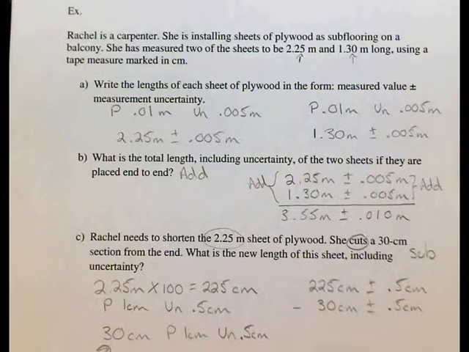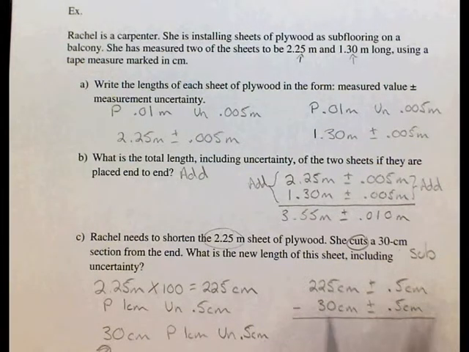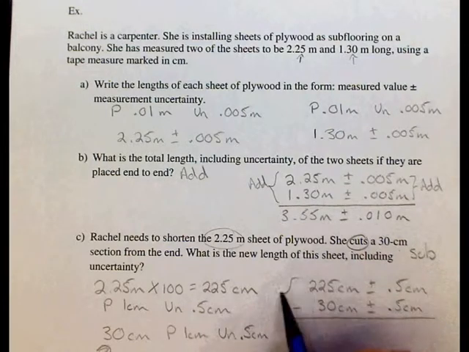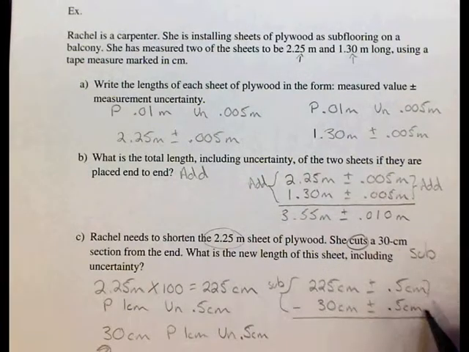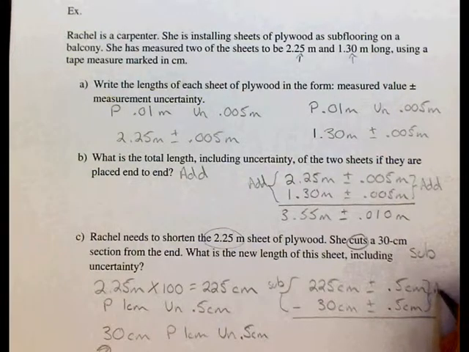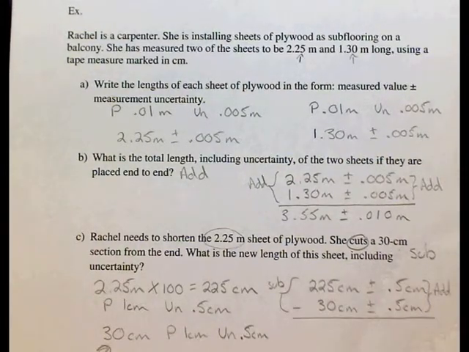Now when I'm subtracting, my measured values will be subtracted, just like normal. But my uncertainties, this is where things change. My uncertainties have to be added. So measured values will be subtracted, uncertainties will be added. So 225 minus 30, that's a 5.